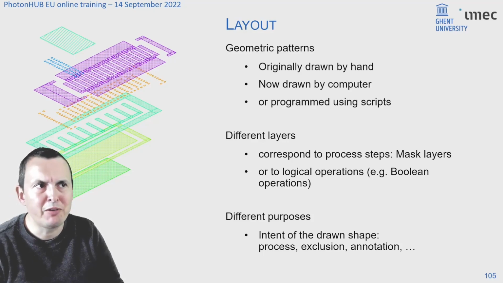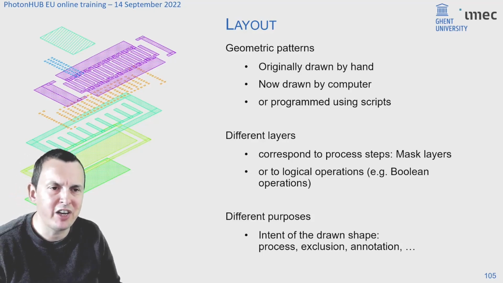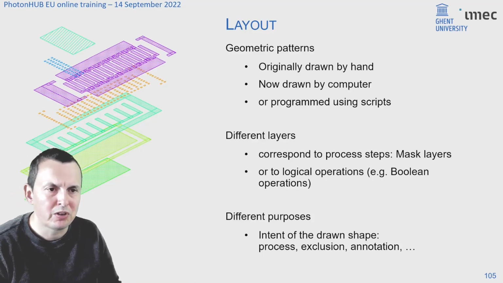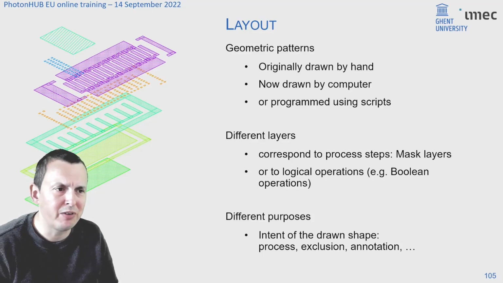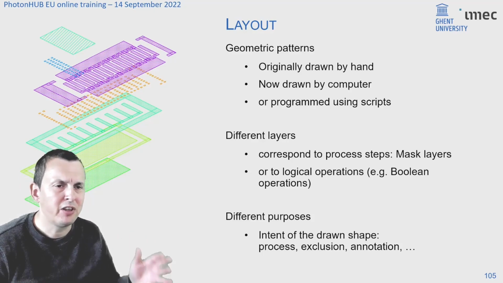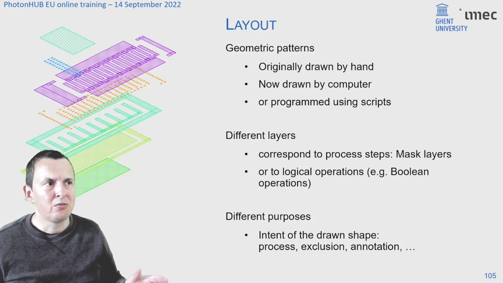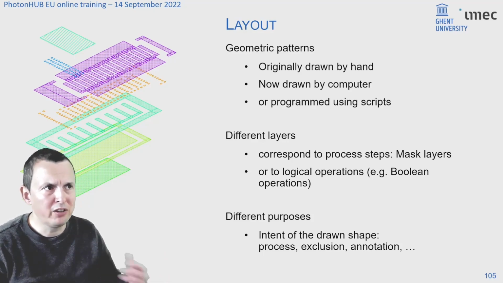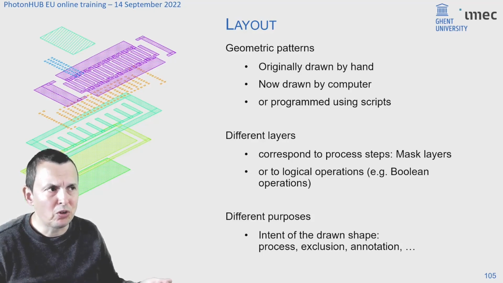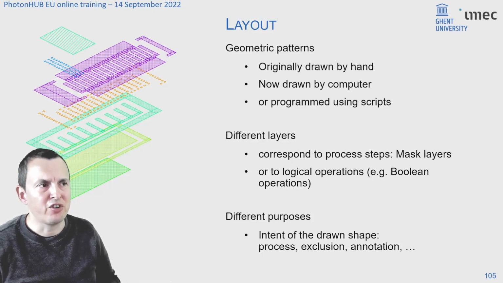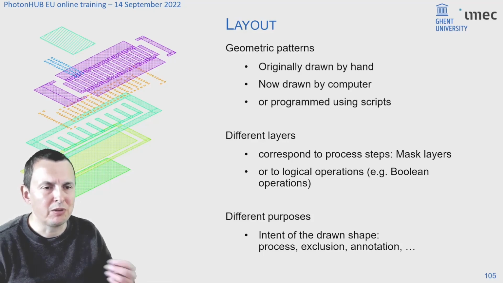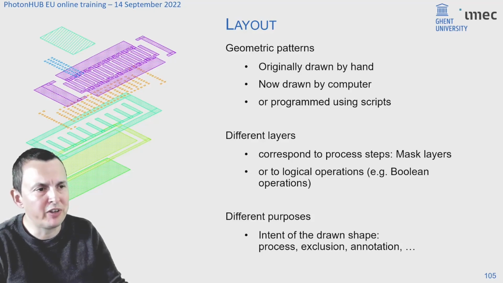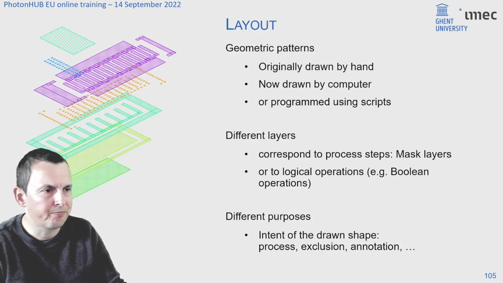So that means geometric patterns. Essentially, a translation of a circuit to a fabrication-ready form is nothing more than a drawing. You typically have polygons organized on different layers, with also additional layers for annotation. For instance, with marks that help you verify whether the drawing is correct.